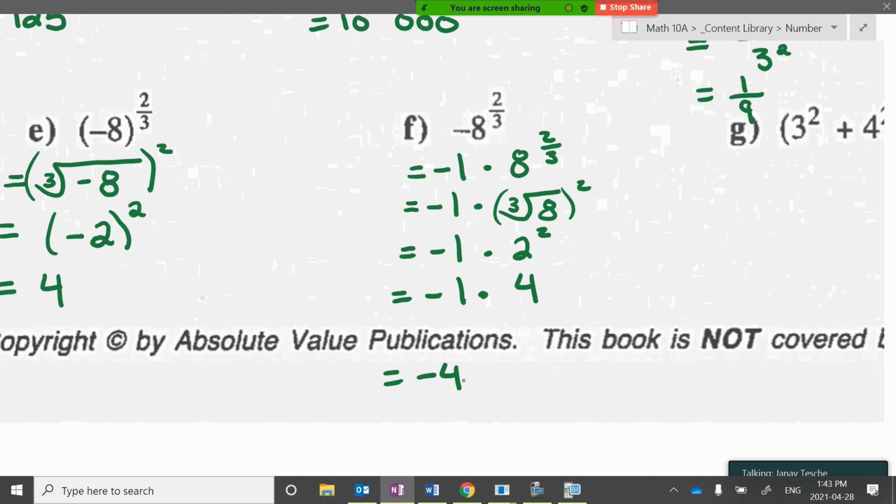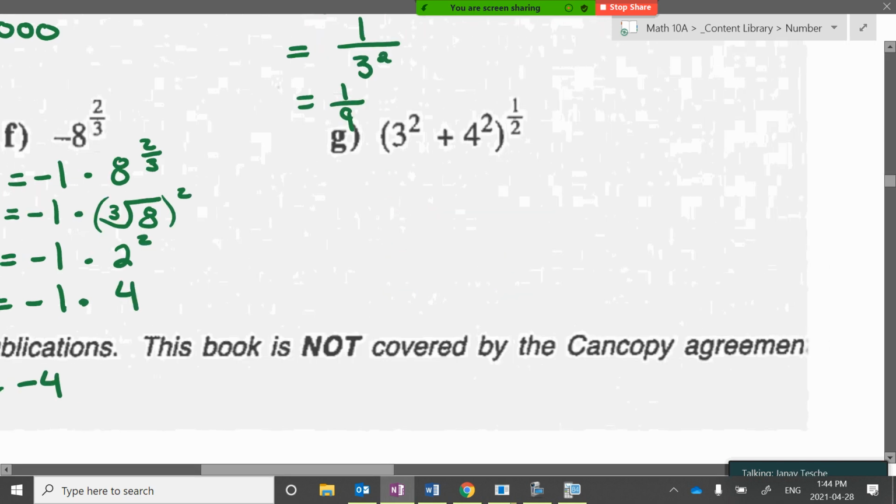Okay, this last one, G: can I just apply that 1/2 to my 2 terms, like multiply it in? No. Why not? That's a really good idea, but no. They're separated by addition, so we have to deal with our addition first. If they were separated by multiplication, my exponent is multiplication, so the order wouldn't matter. But according to our order of operations, we have to do our addition first.